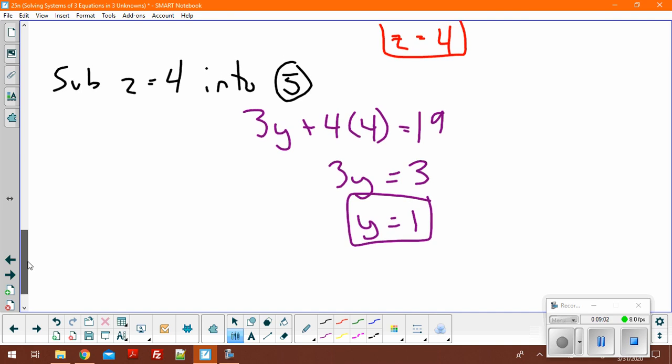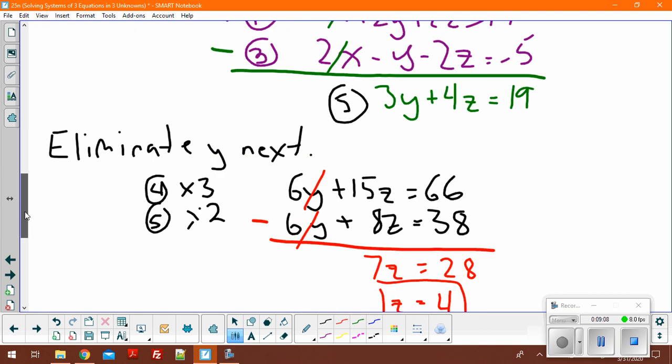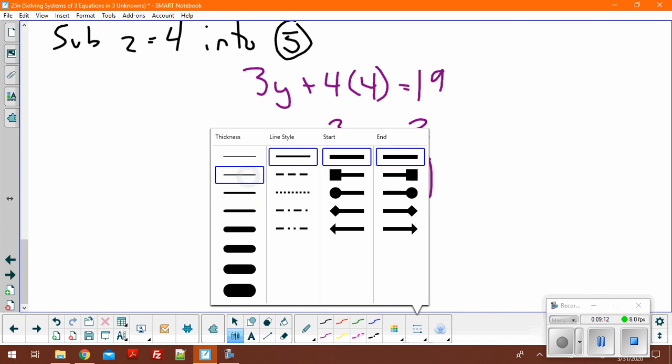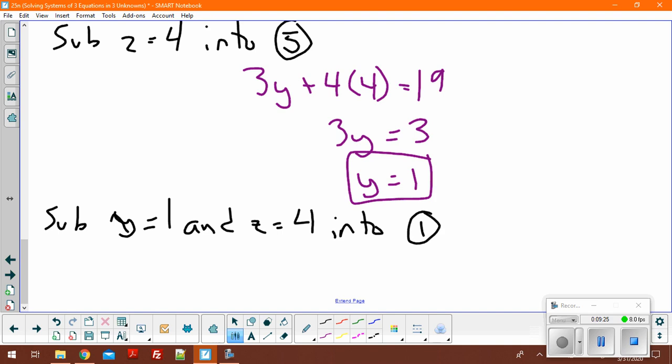I return to one of my original equations up here. The first one is really easy, so we'll use that one. And now just solve for x. Okay, so we're going to sub y equals 1 and z equals 4 into equation 1.